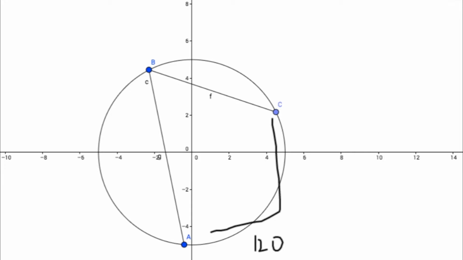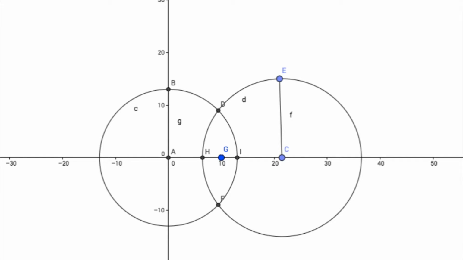So because arc AC is 120 degrees, we can divide 120 by 2 and you know that angle ABC is 60 degrees. The inverse is true as well. Because we know that angle ABC is 60 degrees, we can also know that arc AC is 120 degrees.